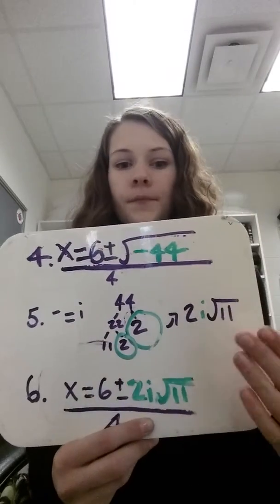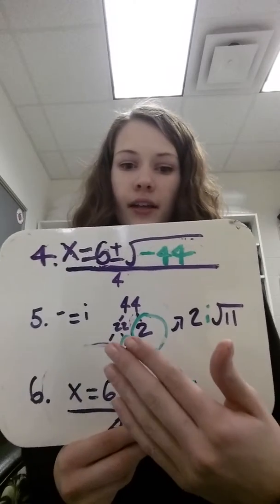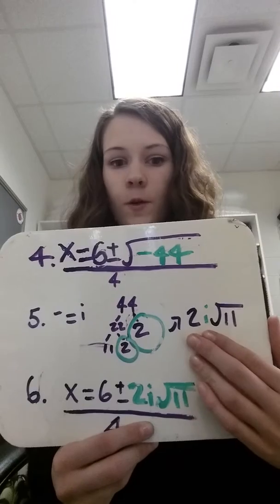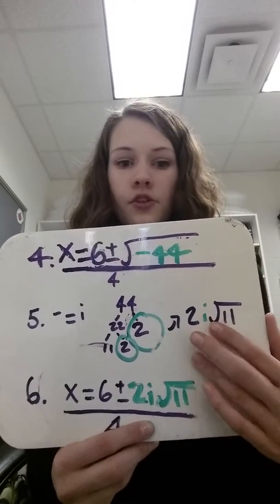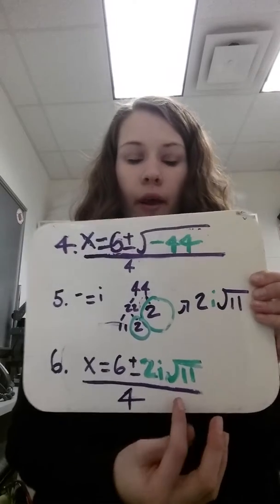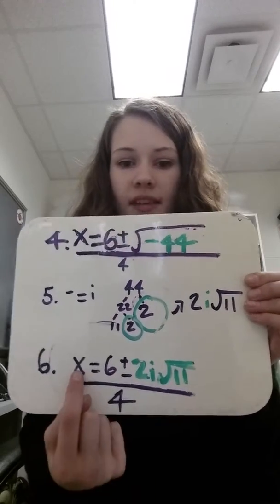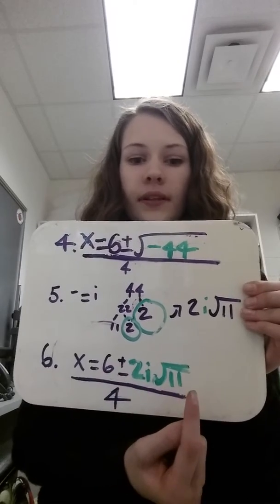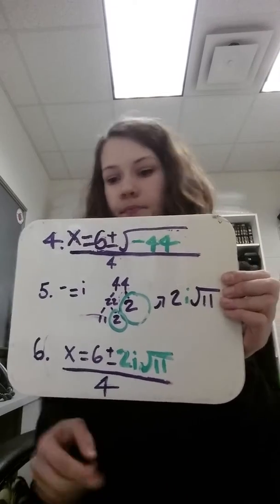So your final simplification of the square root of -44 is 2i square root 11. And so you just insert that in where your square root was before. So it's x equals 6 plus or minus 2i square root 11, over 4.